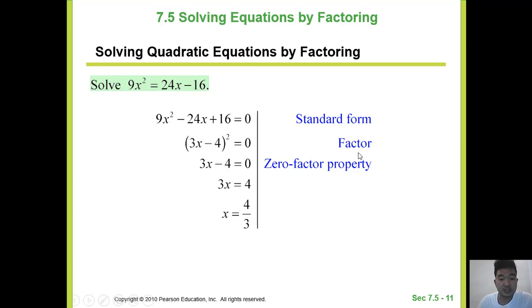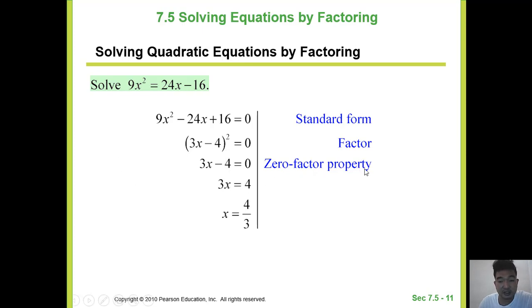Then we factor, this is the second step, factoring 9x squared minus 24x plus 16, you'll have the quantity 3x minus 4 raised to 2. Okay, so meaning the factors of 9x squared minus 24x plus 16 is equal to the quantity of 3x minus 4 times the quantity of 3x minus 4.